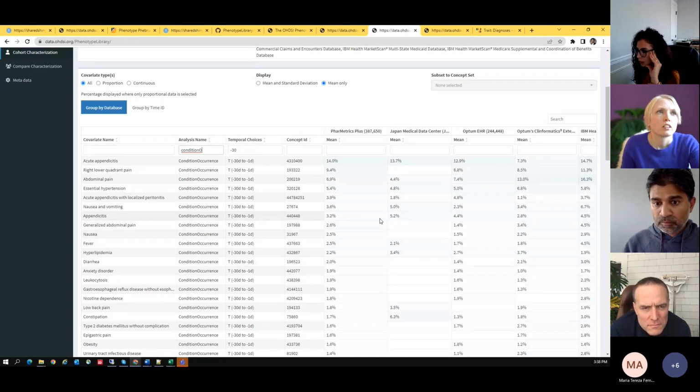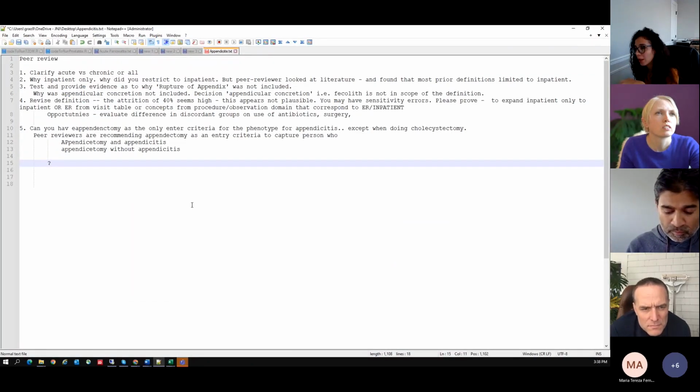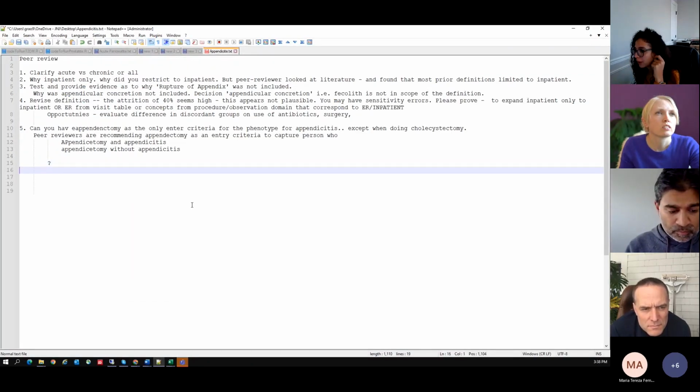Yeah, so a potential adjustment modification would be indexing on either the code or appendectomy, or any of those specific symptoms like abdominal pain, and then requiring a code that occurs within 5 days or something.